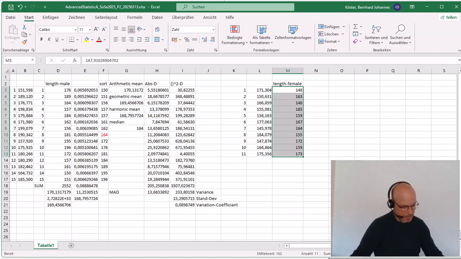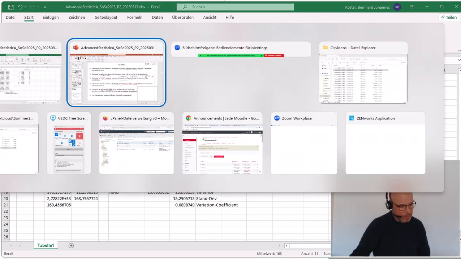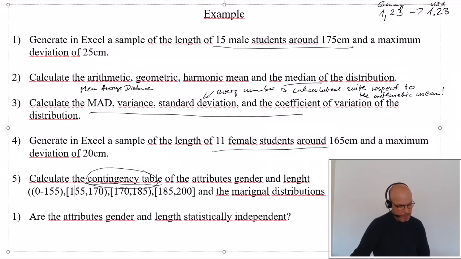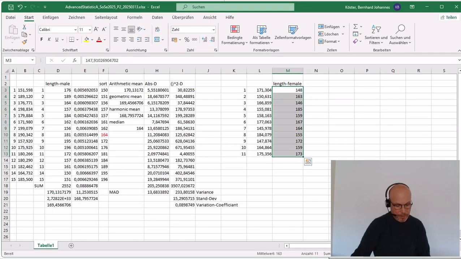And now what we want to create is a contingency table where we also sort our data in some classes from 0 to 155, 155 to 170, and so on. So for this, we then also order our data.